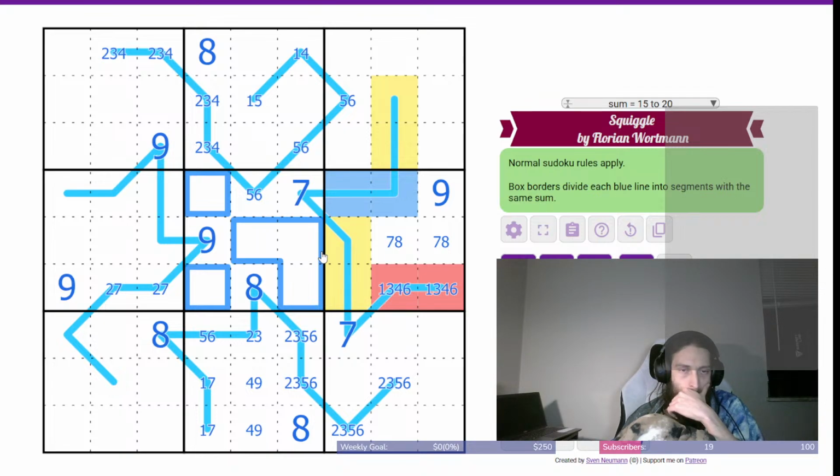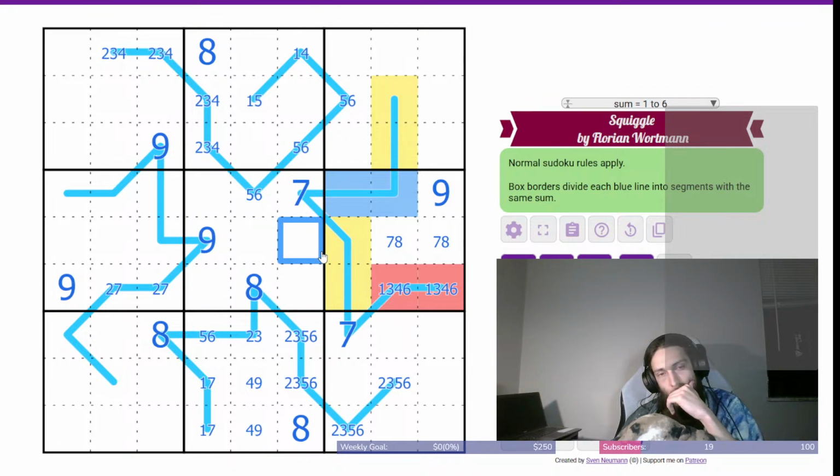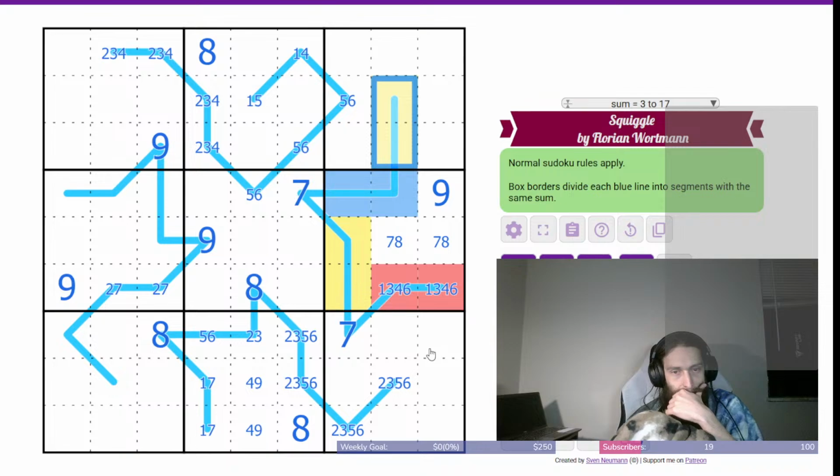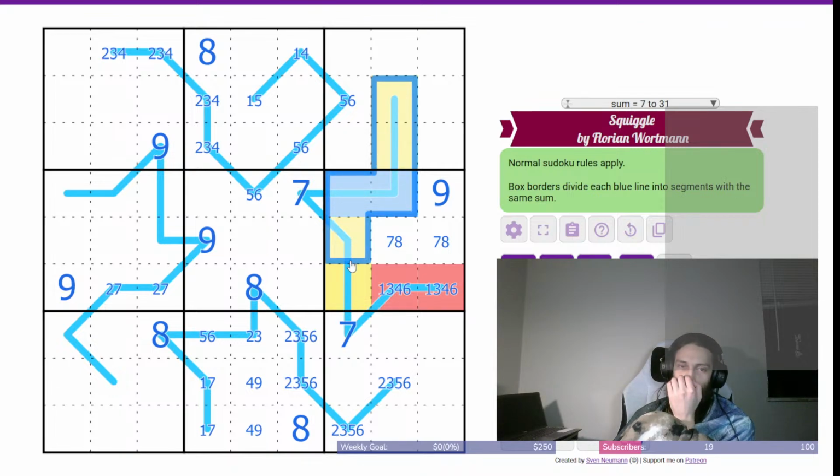Okay, if yellow is from... Oh, 5 has to be one of these.